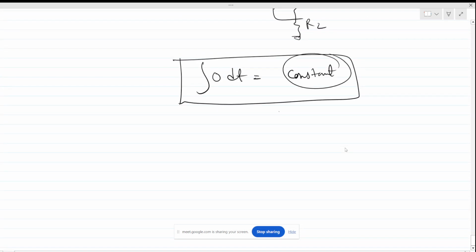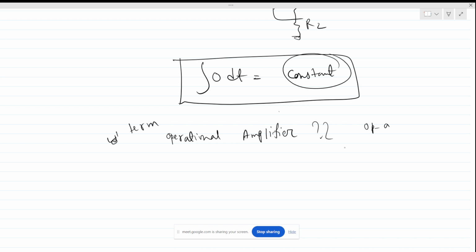Why is it called operational amplifier? We should discuss this also. Why the term op amp?